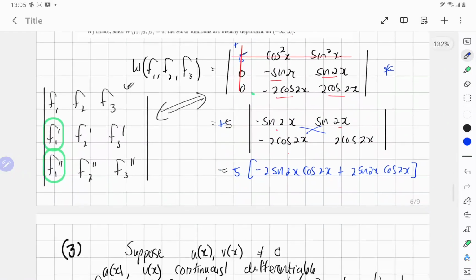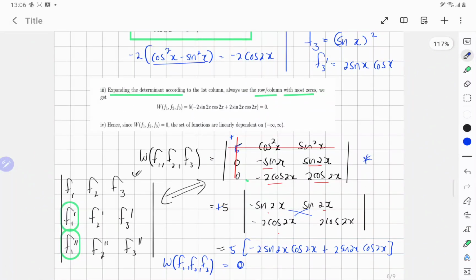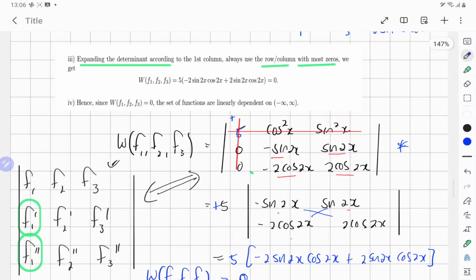And very important, what do I see? I have 0. My Wronskian of my 3 functions will be equal to 0 for all x in this interval.